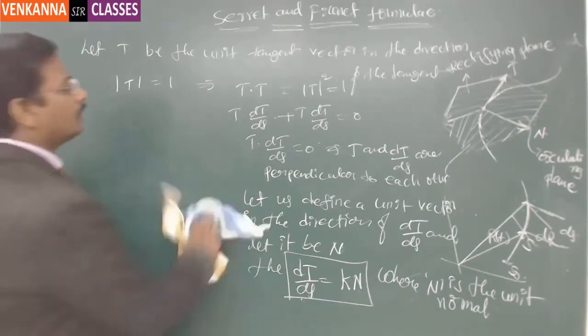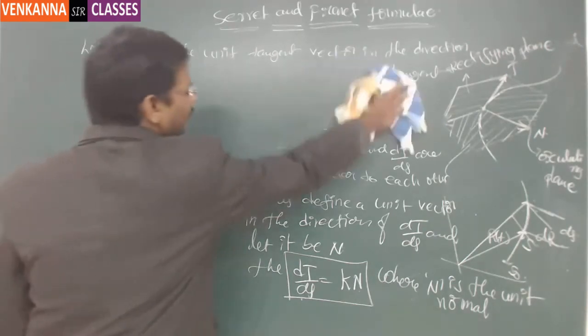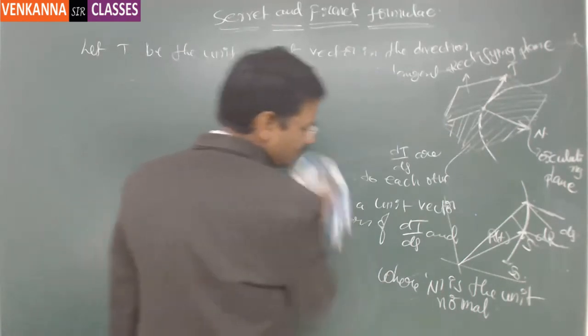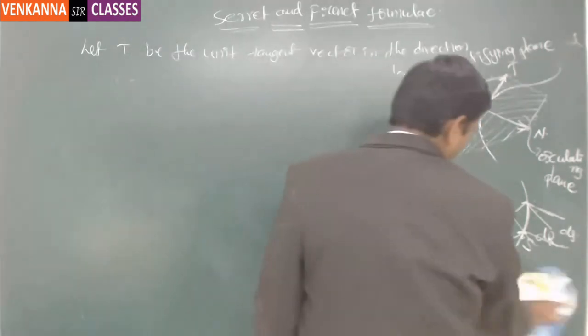Then we have got this relation. We have defined a tangent vector, and dt by ds is coming out to be kn, where n is the unit normal vector.